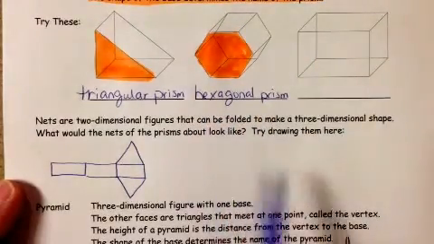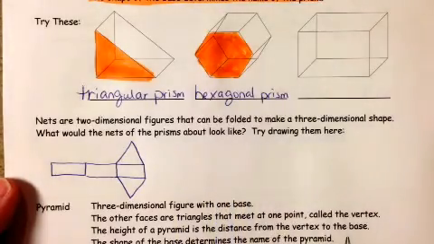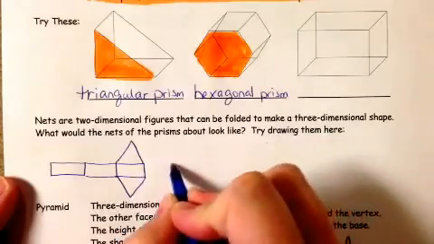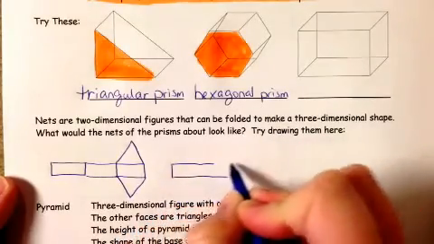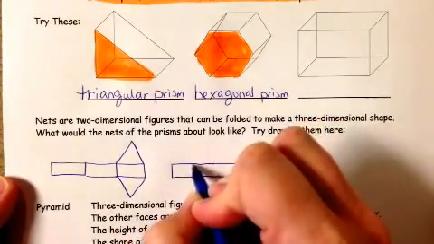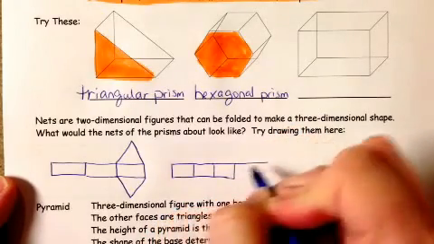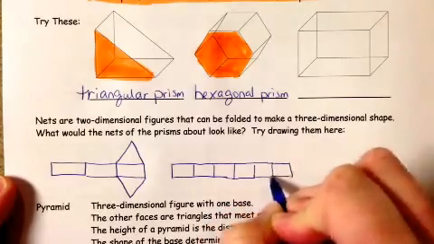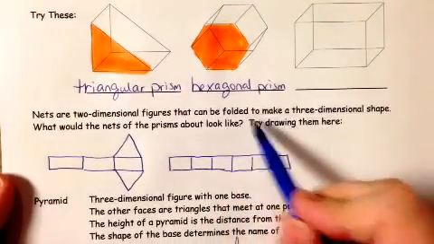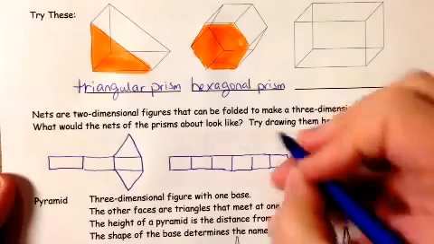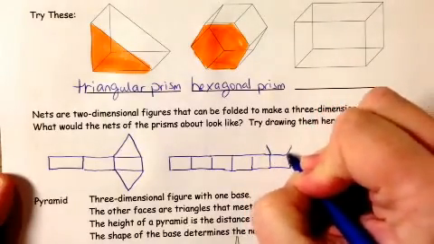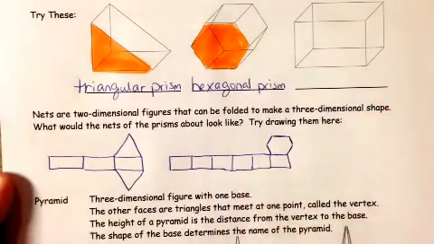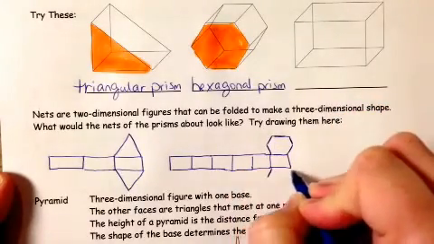To draw its net, its two-dimensional representation, we're going to need 6 rectangles. And off of the rectangles, we're going to need the hexagonal base. And then we need the other base.